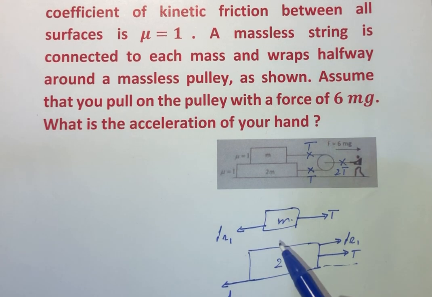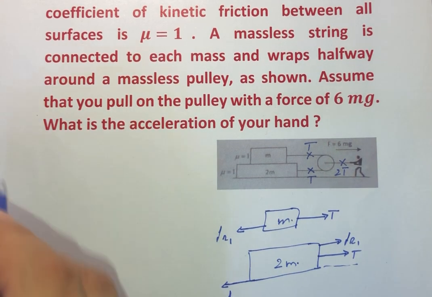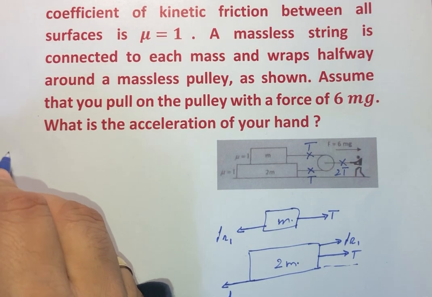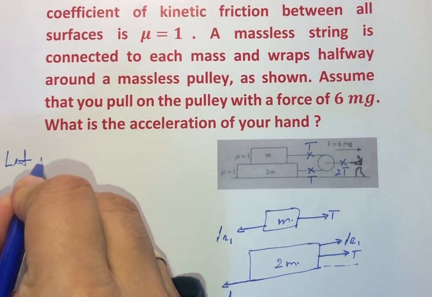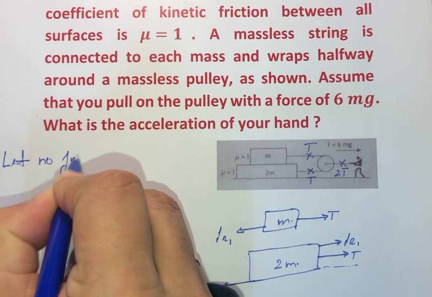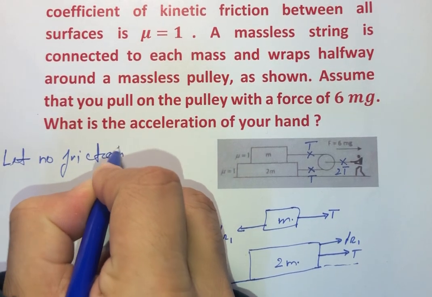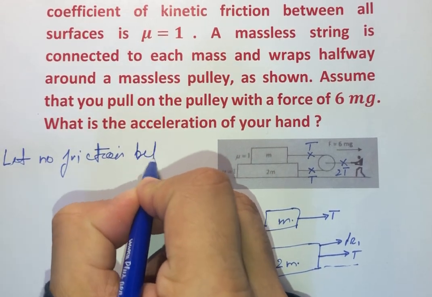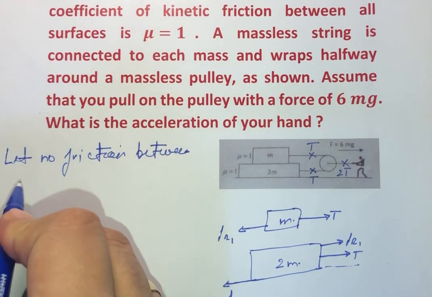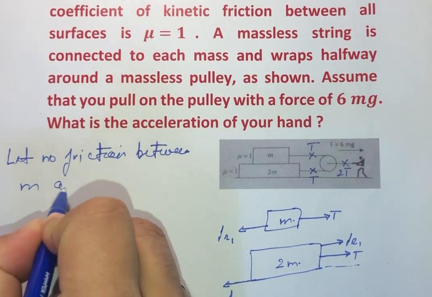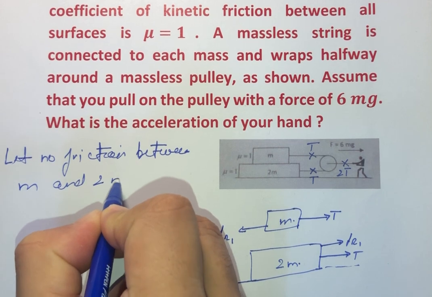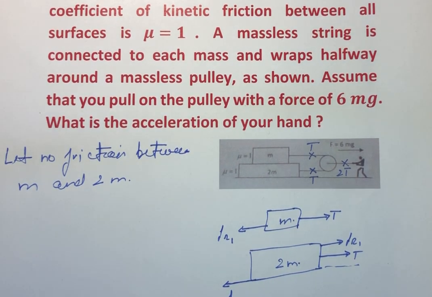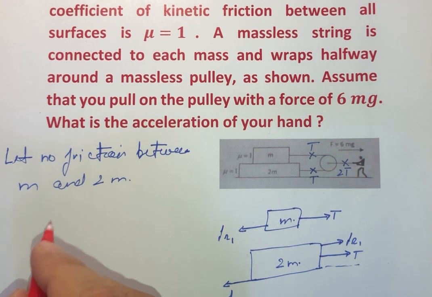We can also analyze this thing in a different way. Let us say there is no friction between m and 2m. So we find out the acceleration of m independently.